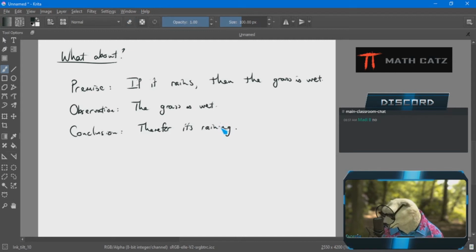I wrote it down and everything. It could have just rained. Well, even simpler than that, someone could have put a sprinkler down or something else could have caused the grass to be wet. So there's an argument that might on the surface feel correct or sound logically sound.